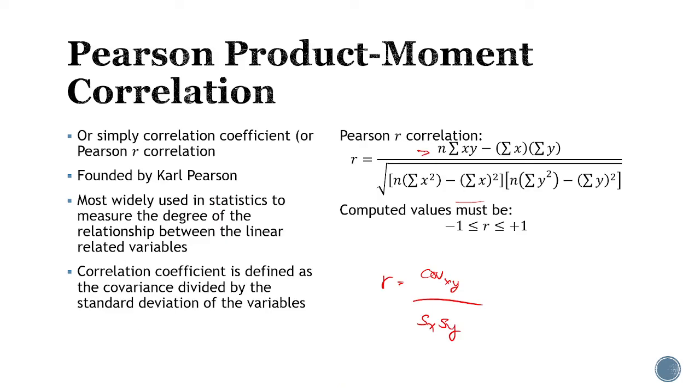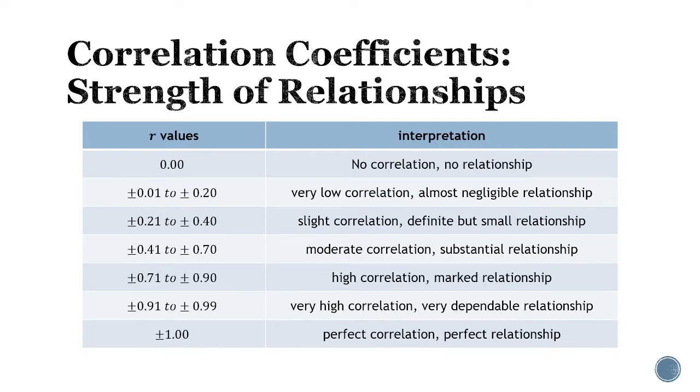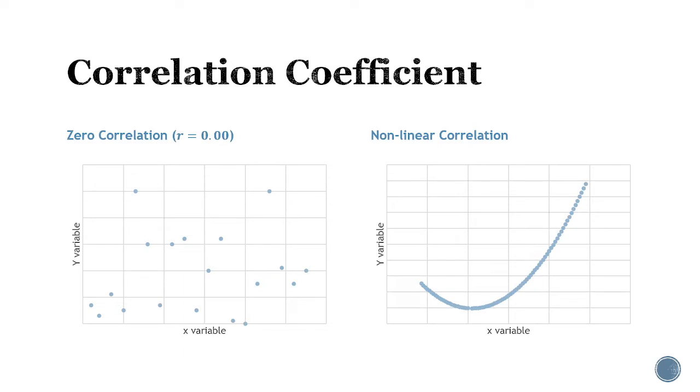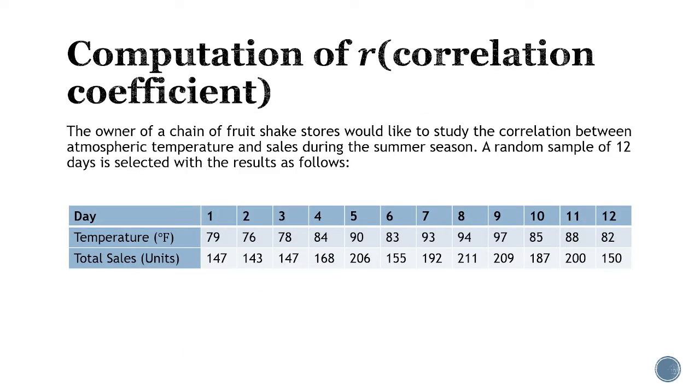We performed computation using the Pearson product moment, wherein we have here the interpretations of the correlation coefficient and the strength of relationships. We also illustrated the different appearances of relations: perfect positive, perfect negative correlation, zero correlation, and nonlinear correlation.